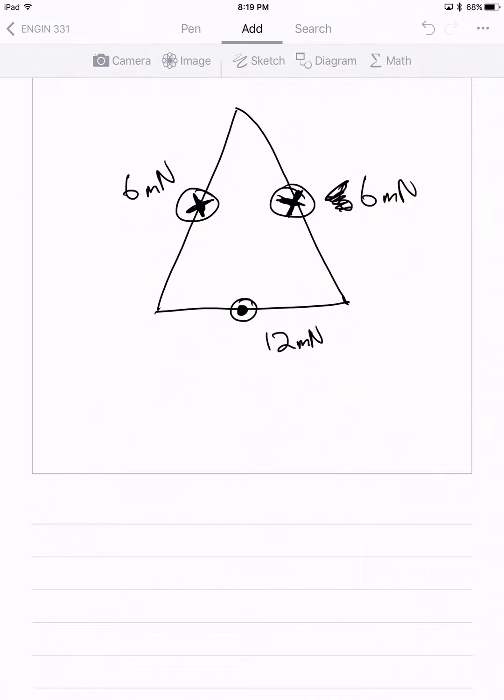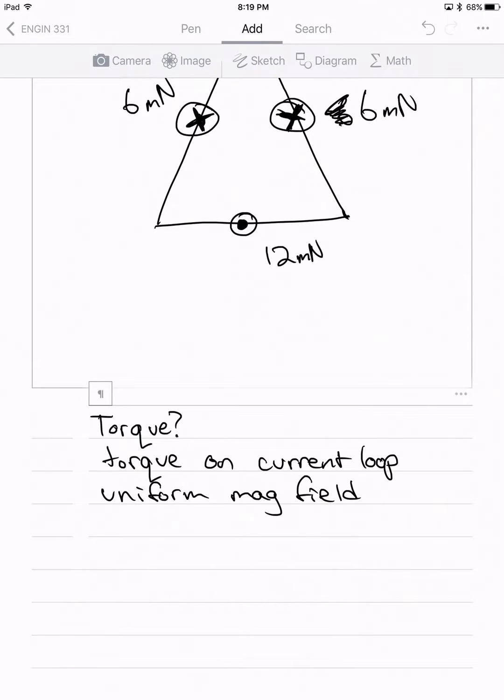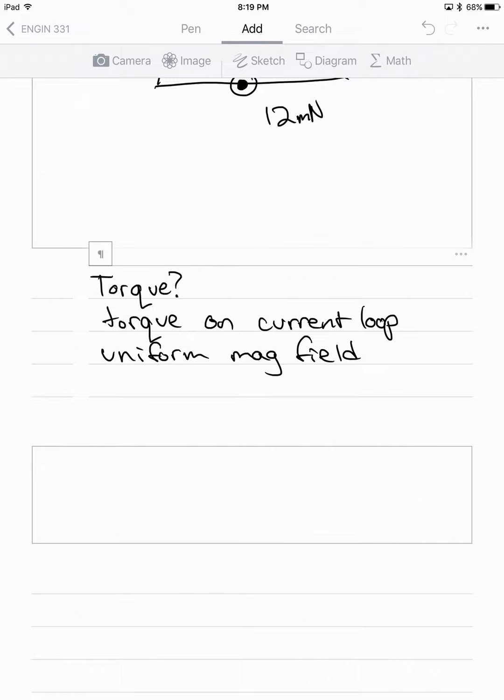So the next thing that we are asked to compute is the torque. There's two ways to do torque, the long way and the short way. Luckily, we can do it the short way here because we know that the torque on a current loop in a uniform field is given by the torque is equal to the magnetic dipole moment of the loop crossed with the magnetic field.